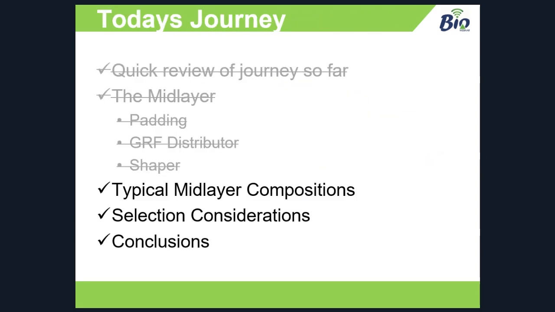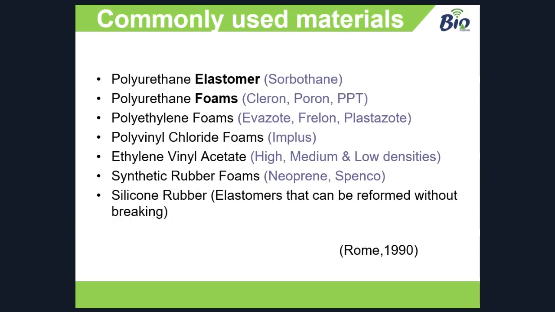So compositions, typical compositions. Again, this is a bit of a repeat of what we've seen before, but you've got polyurethane, the two at the top. You just consider that they can come in two different processes, elastomers or foams. All of these materials can come in different processes, but in general, in orthotic materials, this is a brief list of what we looked at, and that was done by Rome back in 1990.